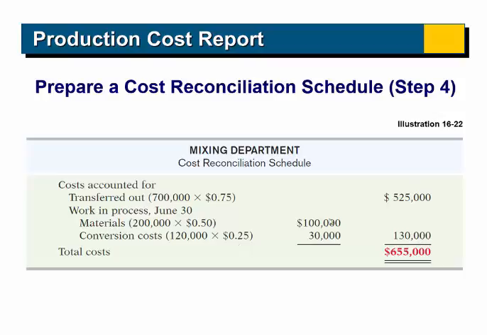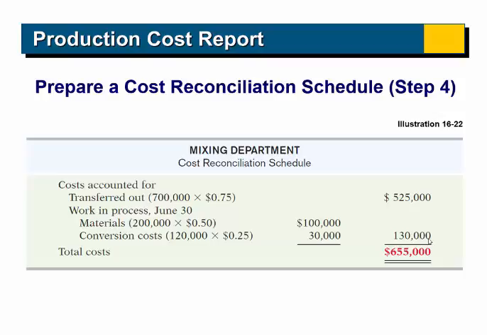Once you add up, 100 plus 30 equals 130,000 here. If you add these two together, you've got 655,000. That is, in fact, all of the costs that we just looked at, and we are divvying them up. This $130,000 number would show up as the work in process mixing balance as of June 30th.